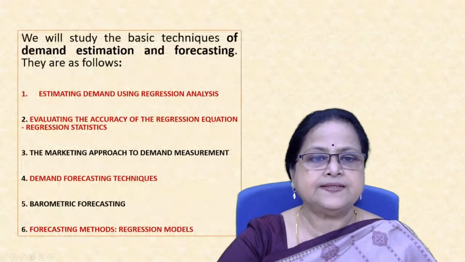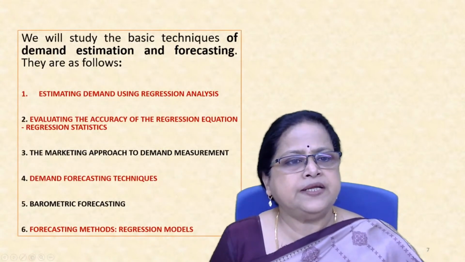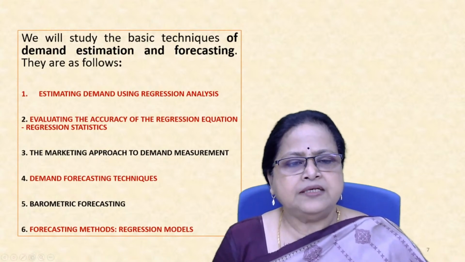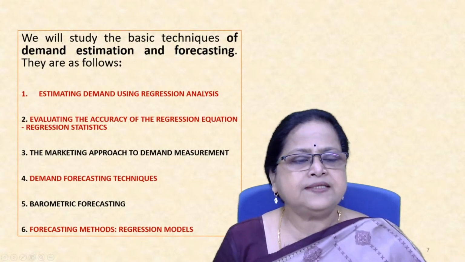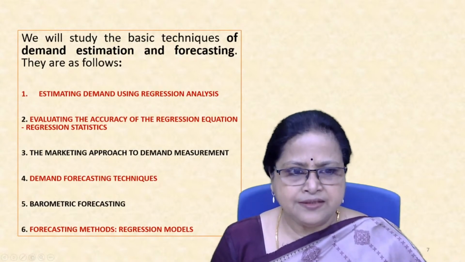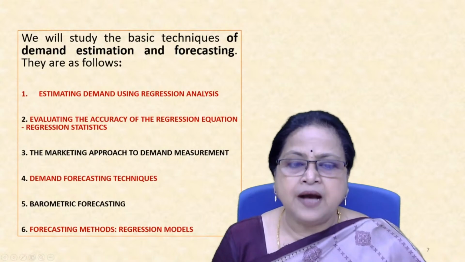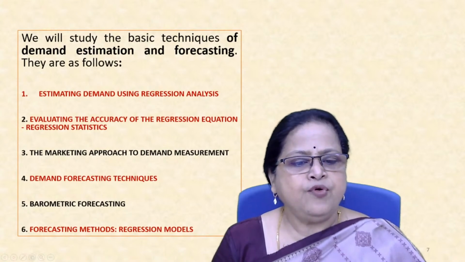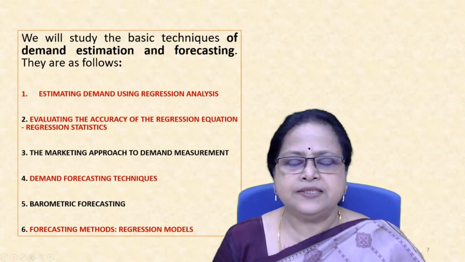Now we are going to study in this unit estimating demand using regression analysis, evaluating the accuracy of the regression equation and regression statistics, the marketing approach to demand measurement, demand forecasting techniques, barometric forecasting, and forecasting methods using regression models.